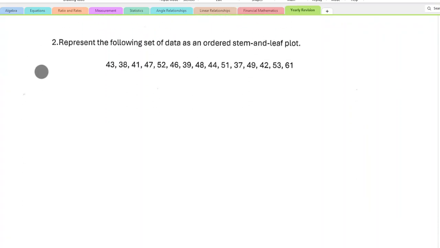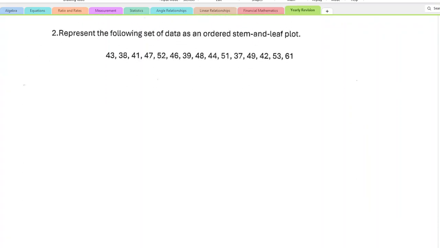Question 2, we want to arrange this data into a stem and leaf plot. Now, when you do this, first of all, you need to see what the range of your numbers are. So I want to find the smallest number and the largest number. So 38, is there anything smaller than 38 in there? Yes, there's a 37 is the smallest number, and 61 is the largest number.